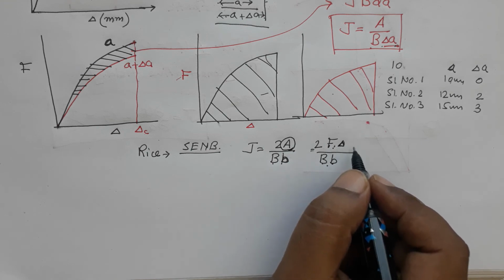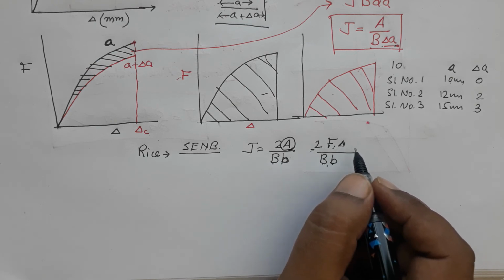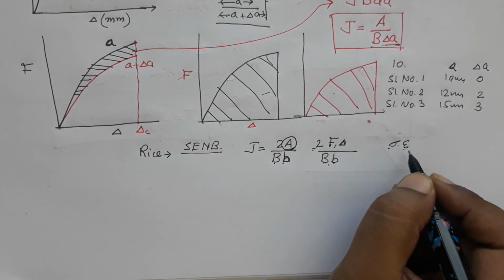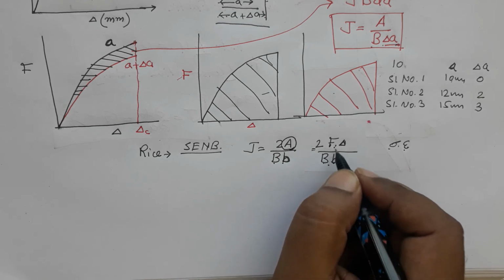So, that will give me energy per unit some displacement, right, because stress into strain, if you remember, is energy per unit volume, but here it is equivalent to stress into displacement. This is not a strain, right.